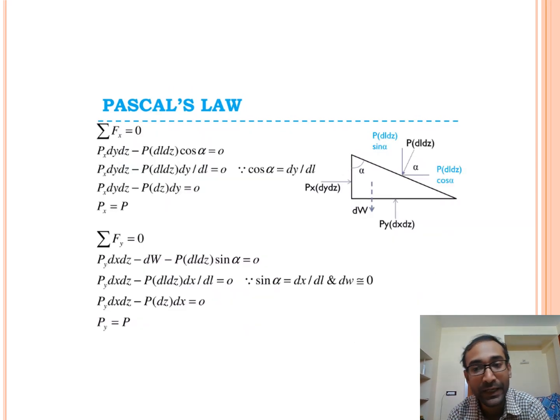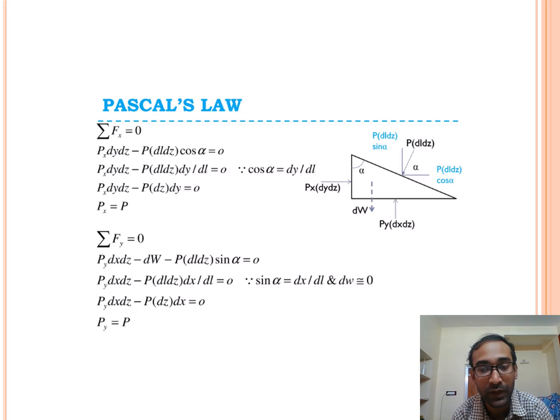And finally, if we consider x direction, the summation of Fx equals 0. As we know, the summation of Fy equals 0 and the summation of Fz equals 0. So in this diagram, in the x direction all the force will be 0.